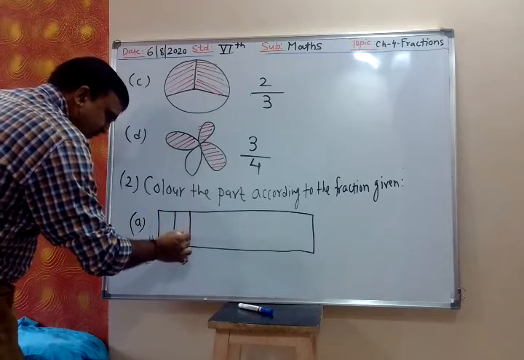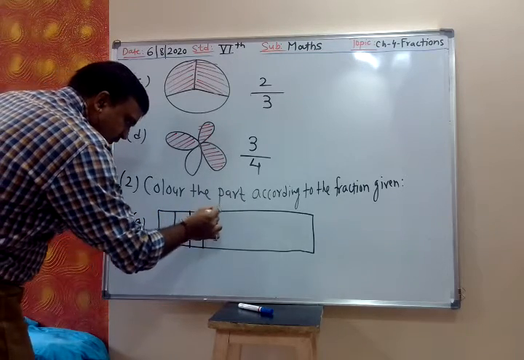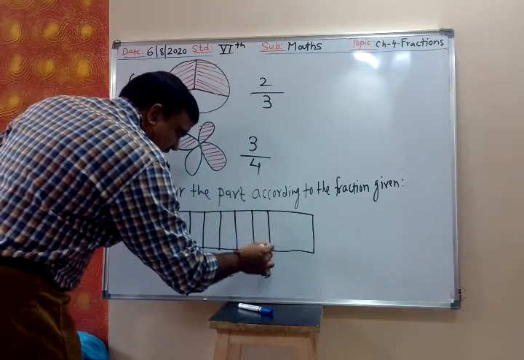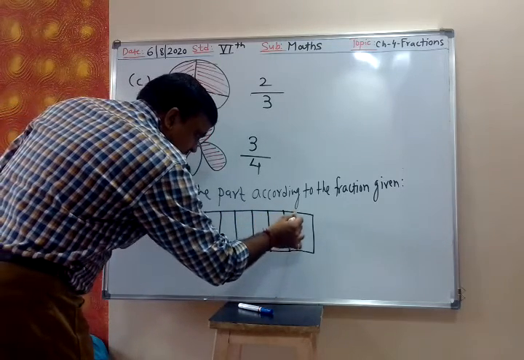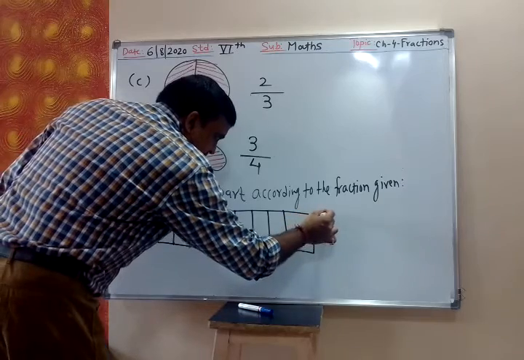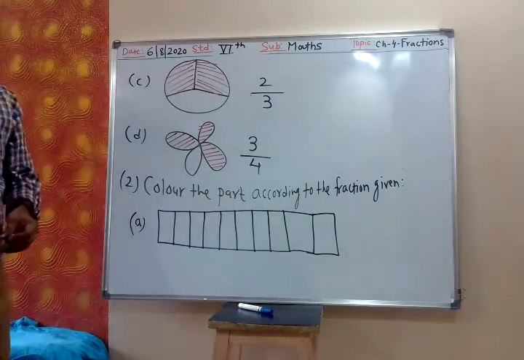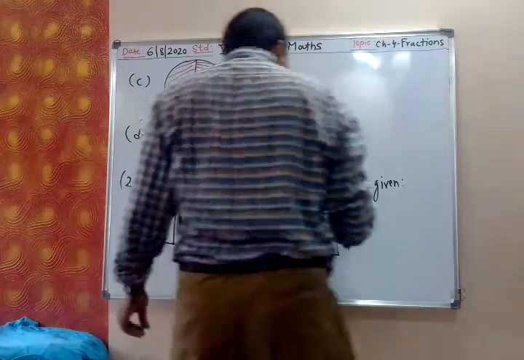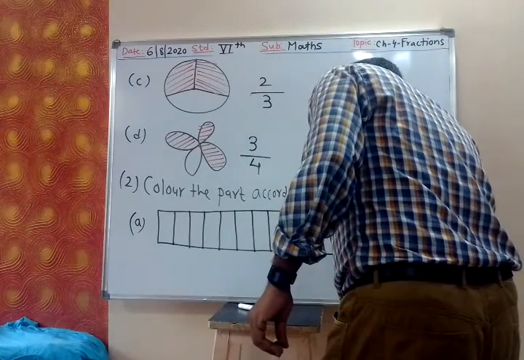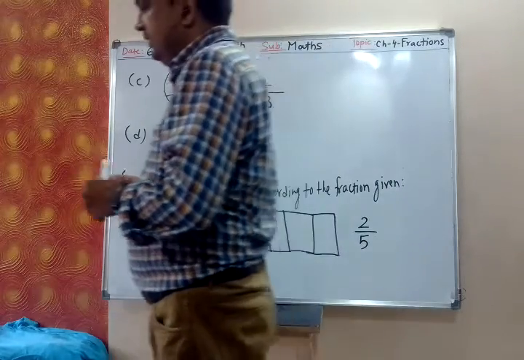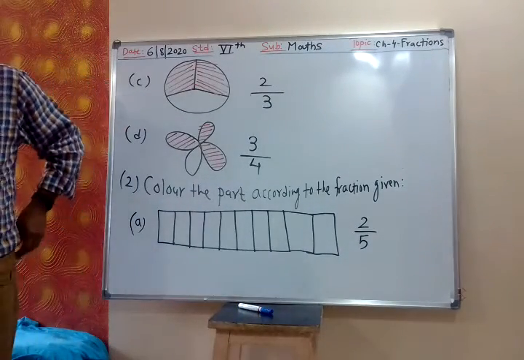So 10 parts are given: 1, 2, 3, 4, 5, 6, 7, 8, 9 and 10. We are given 10 equal parts and the fraction given is 2 upon 5.